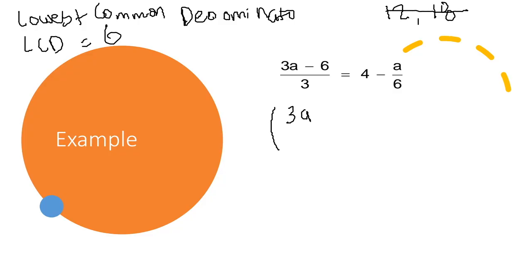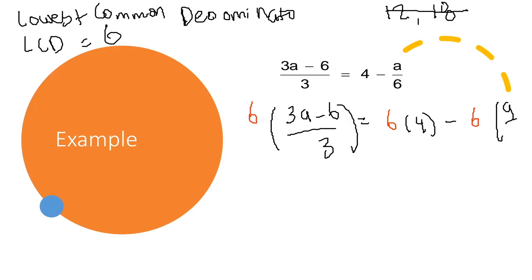So we have a 6 here. 6 times (3a take away 6) over 3 equals, and then I also have a 6 here times 4, take away, I have another 6 being multiplied here, a over 6. Sorry, my a's sometimes look like 9s when I use this thing.